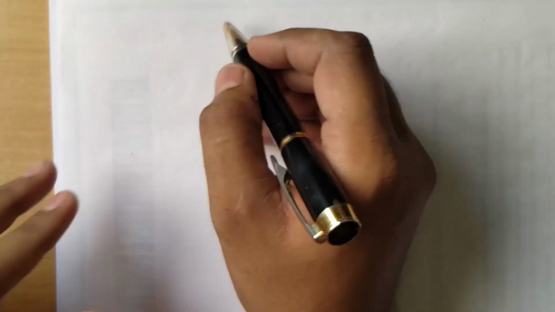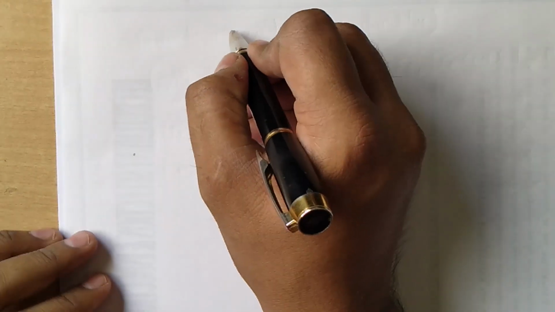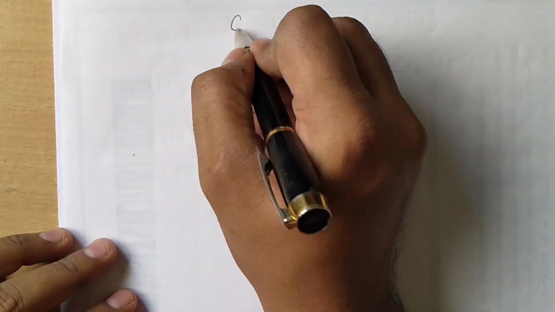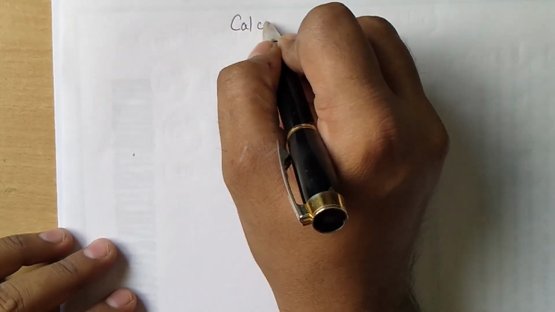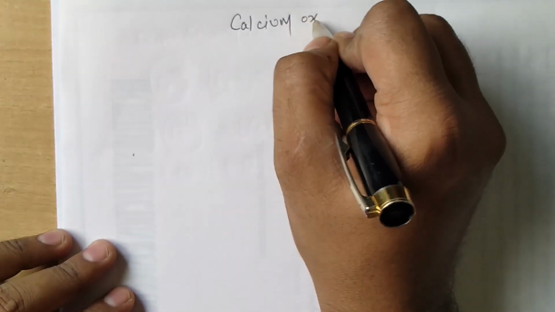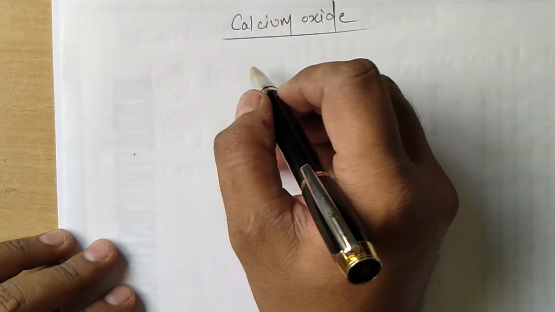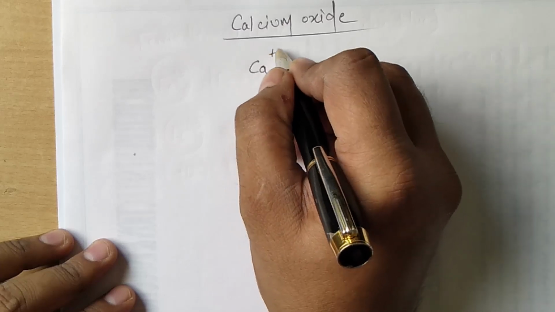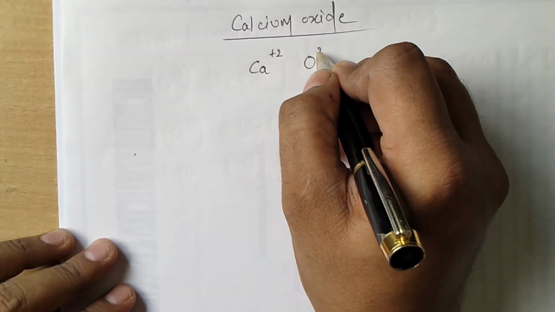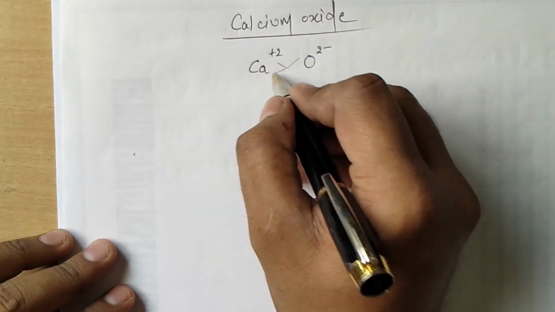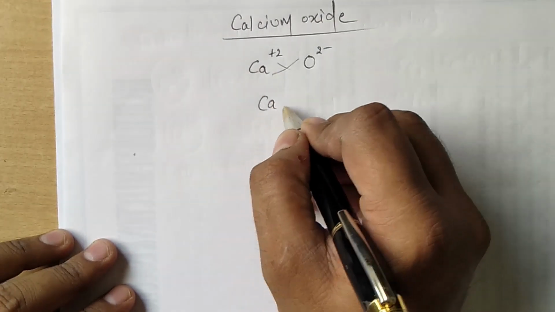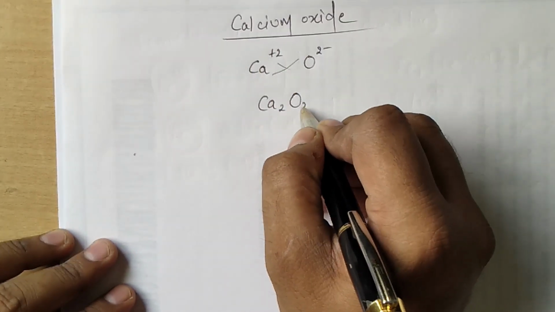Okay, now I'll take another example, say calcium oxide. Calcium oxide is what? Ca plus 2. Oxide is O2 minus. If you do the crisscross, it will be Ca2O2.